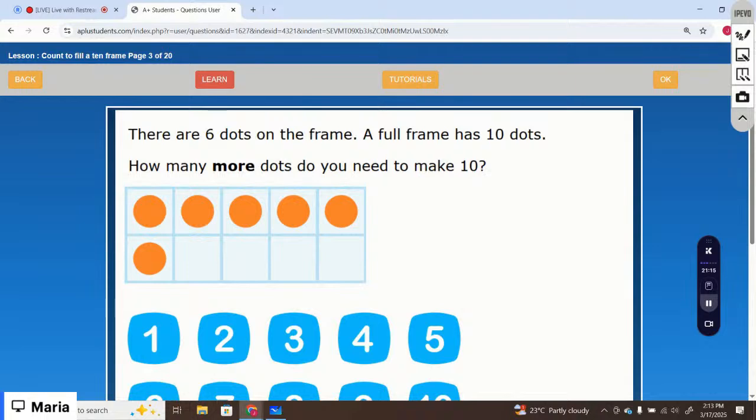There are 6 dots on the frame. A full frame has 10 dots. How many more dots do you need to make 10?